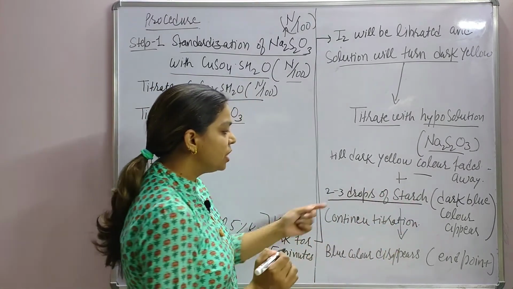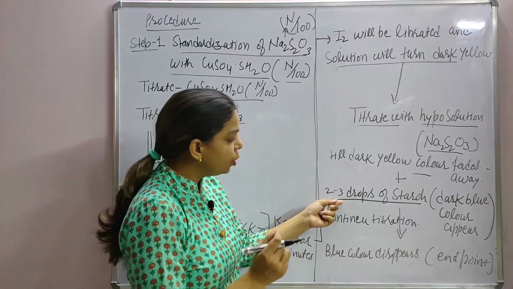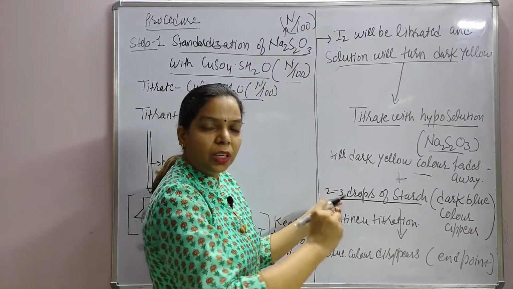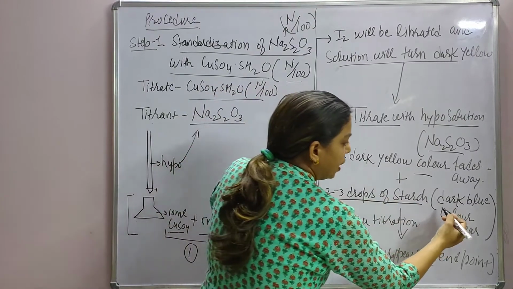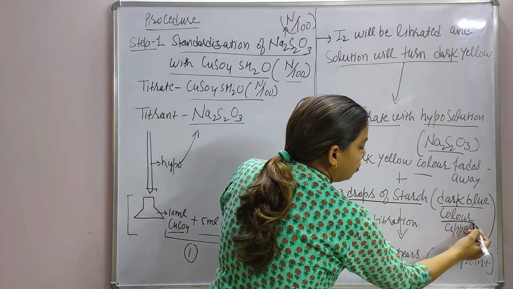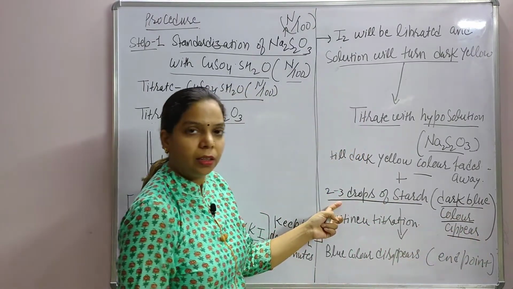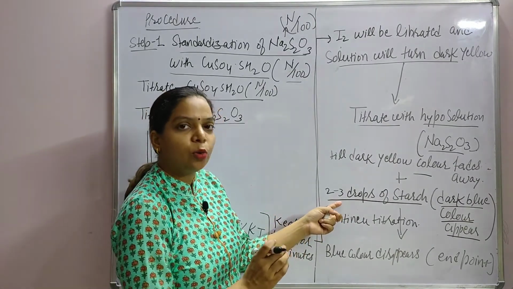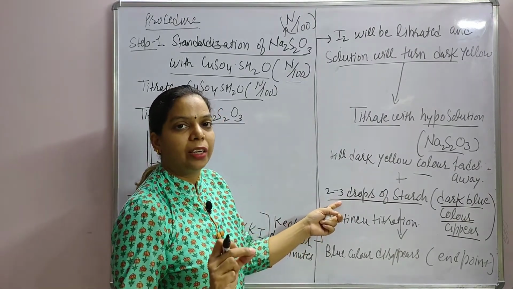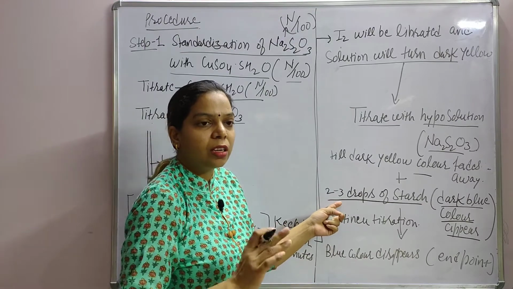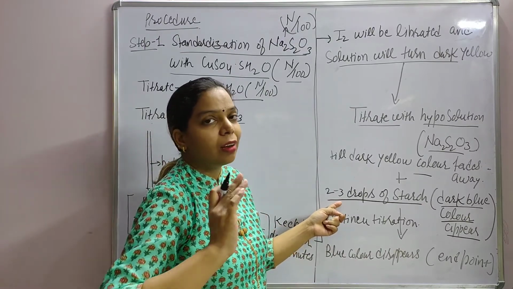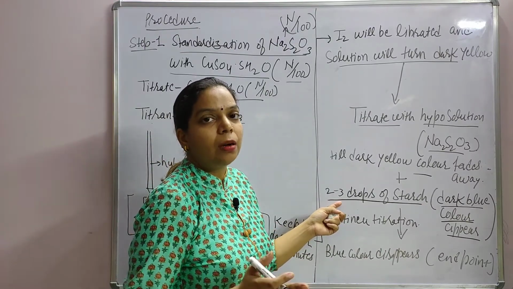The starch converts the present iodine into dark blue color. This step is followed just to get a sharp end point, otherwise we will not be able to distinguish whether the color has disappeared or it is still pale yellow.